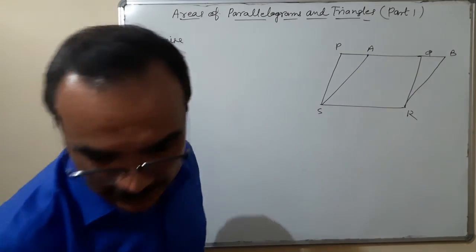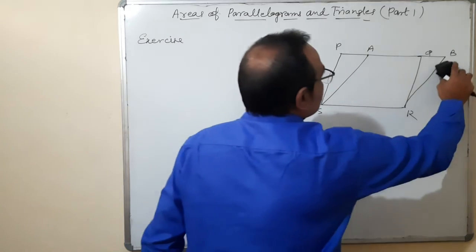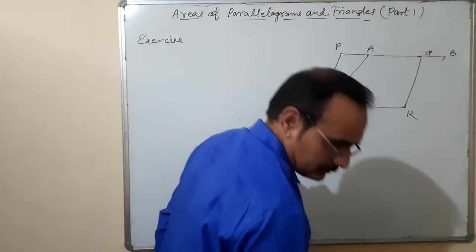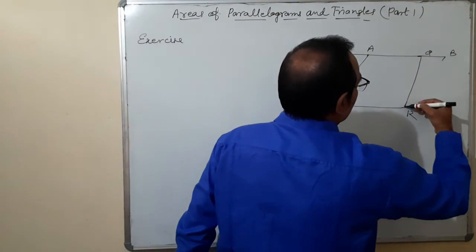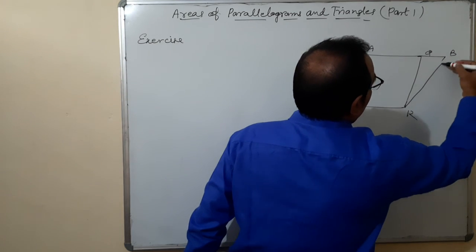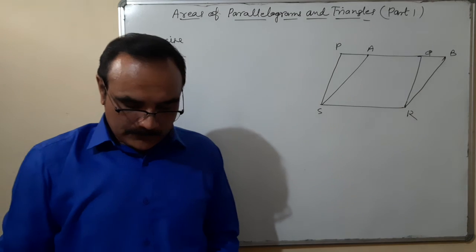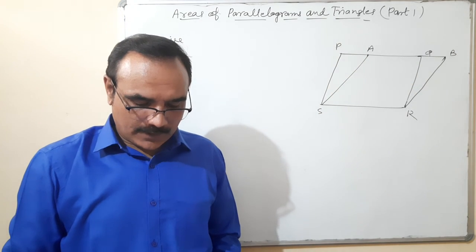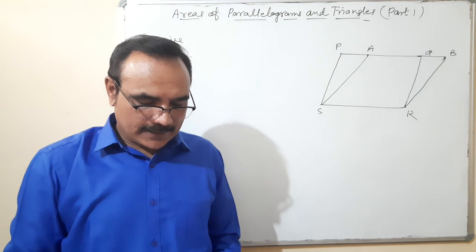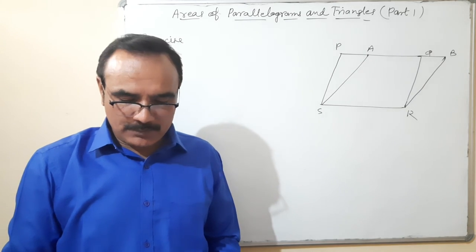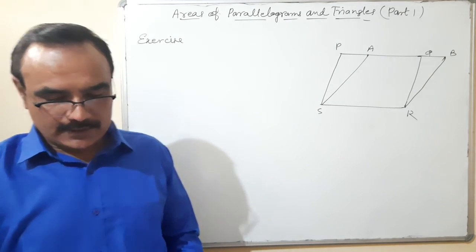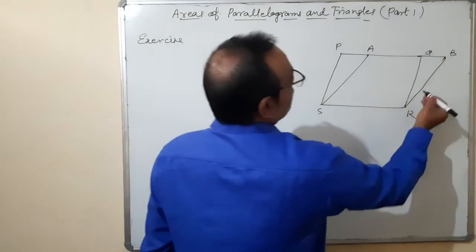ABRS and PQRS are parallelograms, and X is any point on side BR. X is here.